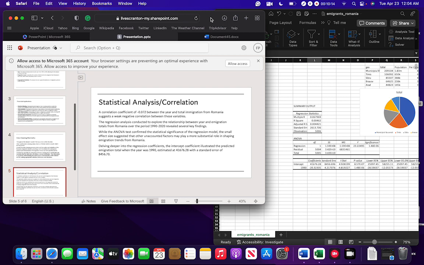However, these findings, while statistically significant, emphasize the modest predictive utility of the year variable alone in forecasting immigration trends. Consequently, the analysis highlights the importance of considering a broader array of socio-economic, political, and cultural factors beyond just a temporal dimension in understanding and predicting immigration patterns from Romania.